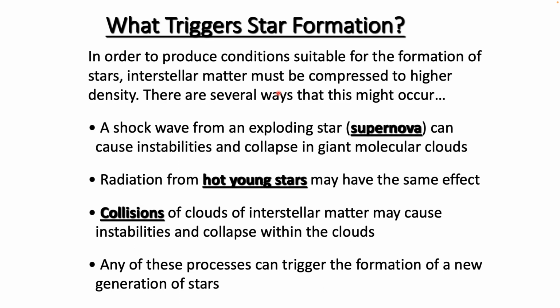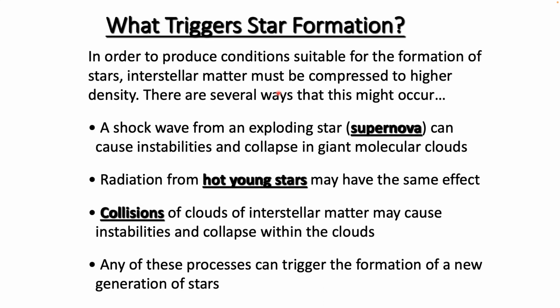Which can cause instabilities and collapse in giant molecular clouds, right? Now, these shock waves can come from supernova explosions. Now, I know that we have not discussed what a supernova is. So let's just keep it this way. A supernova is kind of an exploding star, right?